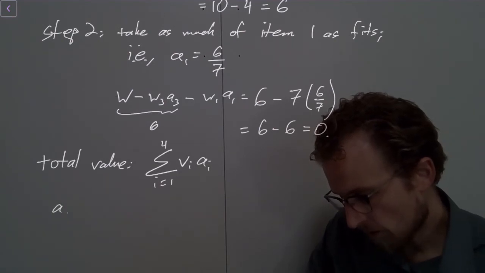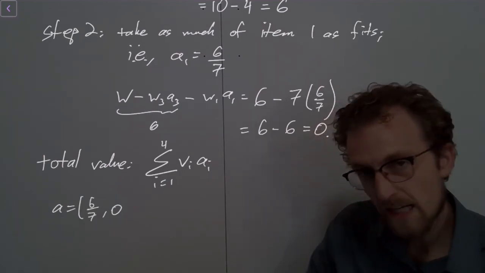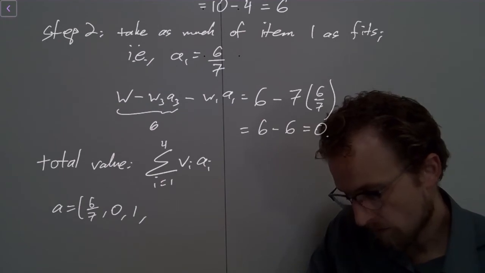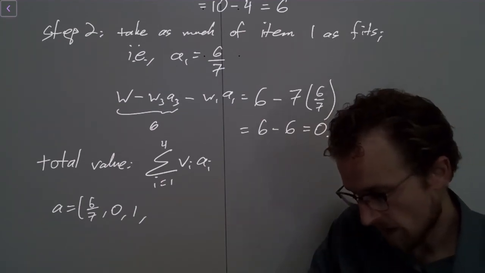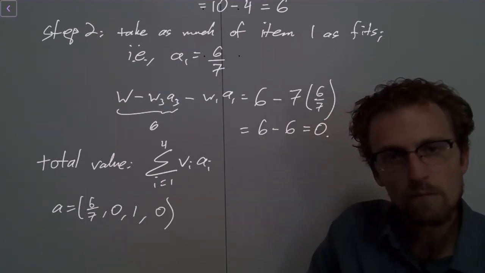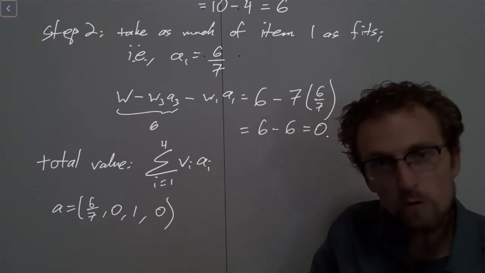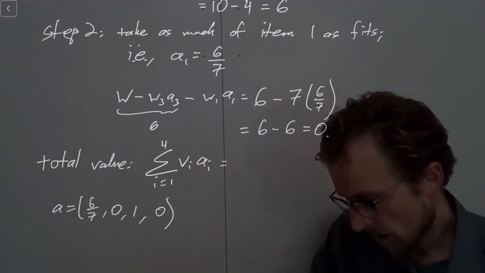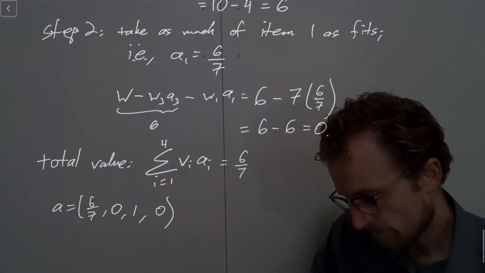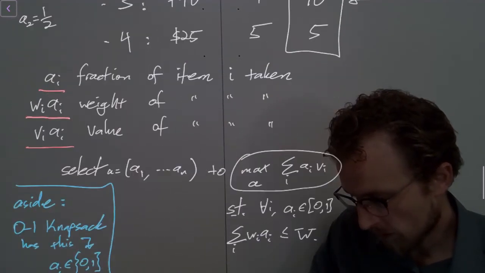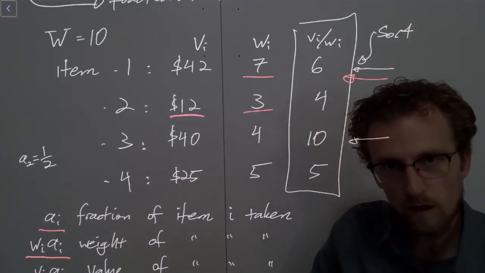What is our solution? Well, our A's equals 6/7, 0, we didn't take any of item 2, 1, we took all of item 3, and 0, we didn't take any of item 4. And so our total value that we took is going to be equal to 6/7 times, I think, 42 is the total value available of item 1.